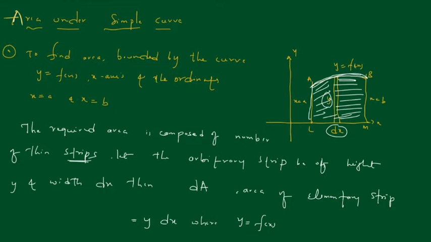The region we are finding by using the strips, composed of a number of thin strips. By using thin strips we are finding the area under the curve, whereas its height we are taking as y and its width as dx. Then the area dA is nothing but the elementary strip y dx.